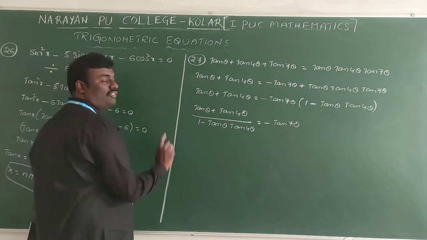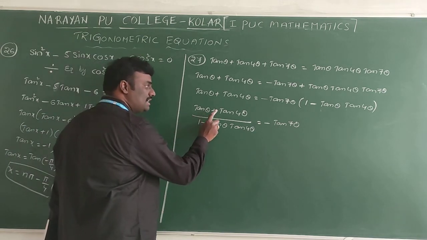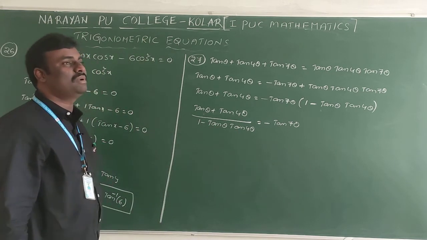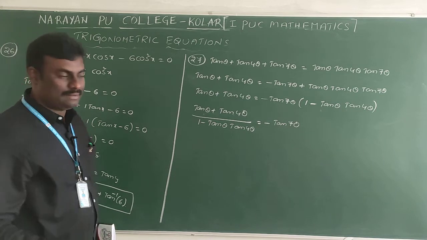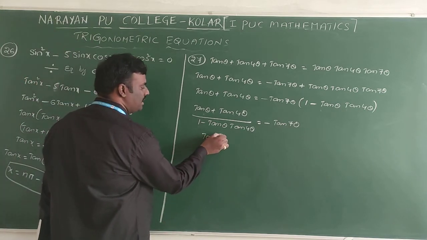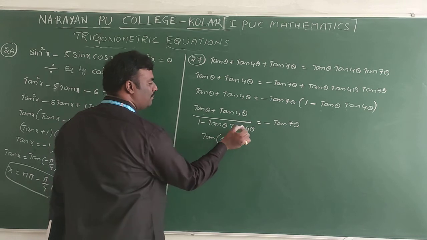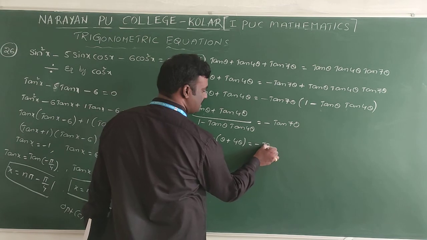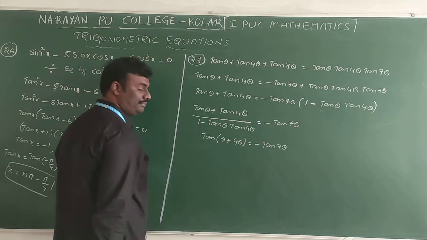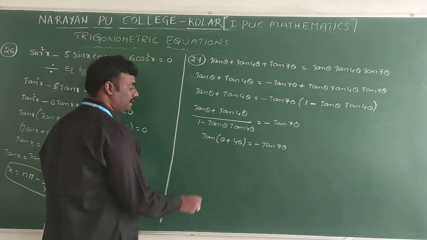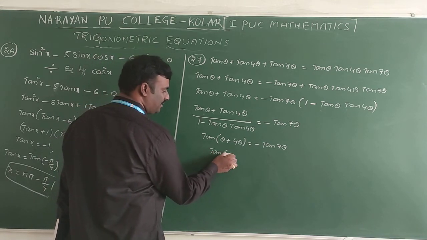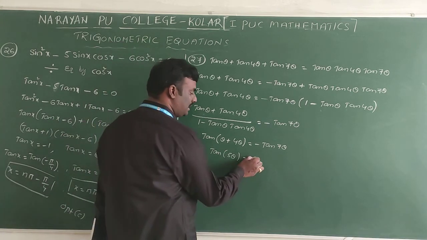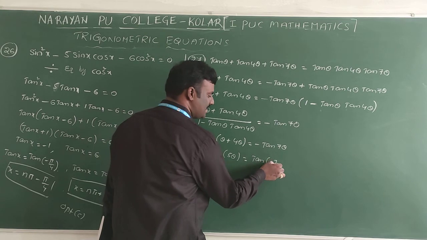Now it is in the form of tan A plus tan B by 1 minus tan A tan B. This is the formula for tan of A plus B. Here A means theta, B means 4 theta, so tan of theta plus 4 theta, that is nothing but tan 5 theta, equals minus tan 7 theta, which can be written as tan of minus 7 theta.